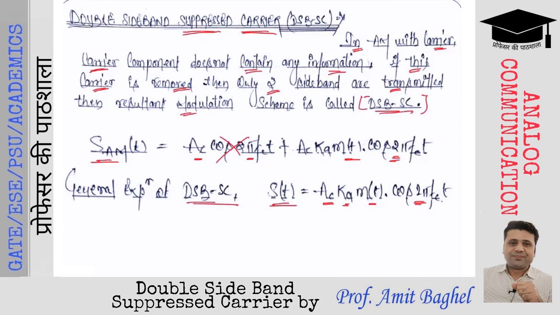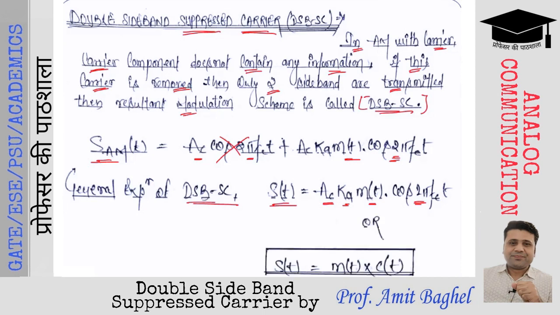This expression can be more generally written as s of t equals m(t) into c(t), message signal multiplied with the carrier signal.